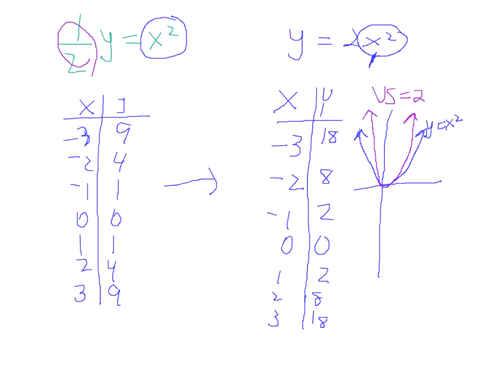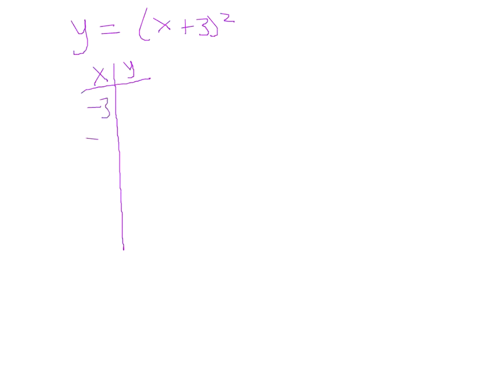And now I can do one more. This one's a little bit more confusing. Let's take a look here at y equals, let's say, x plus 3 all squared. So now what I have here is I'm adding 3 to all my x values. And so what happens here is, again, I take my x and y chart. All the quadratics come from this basic relationship.